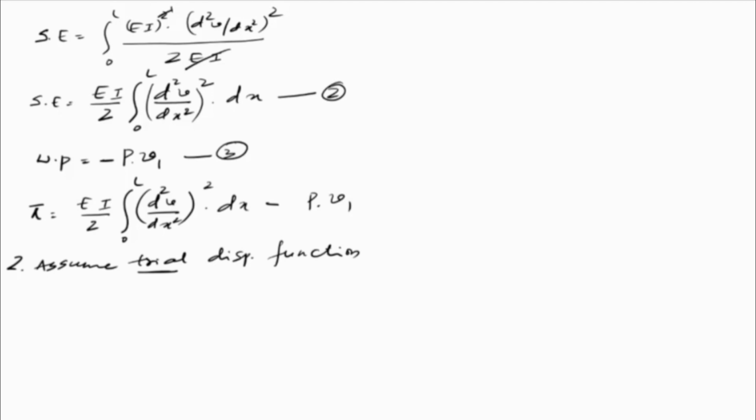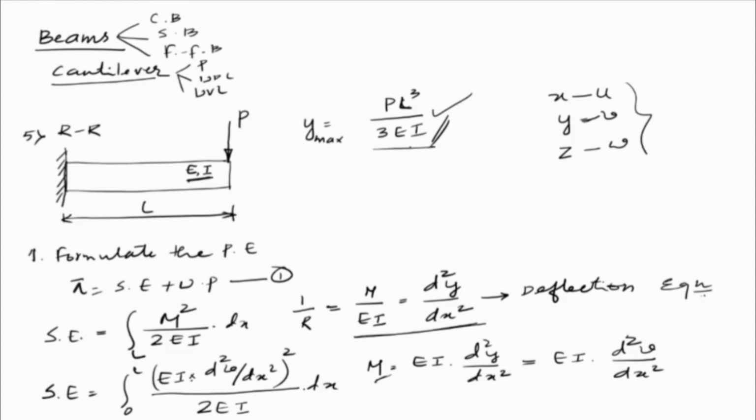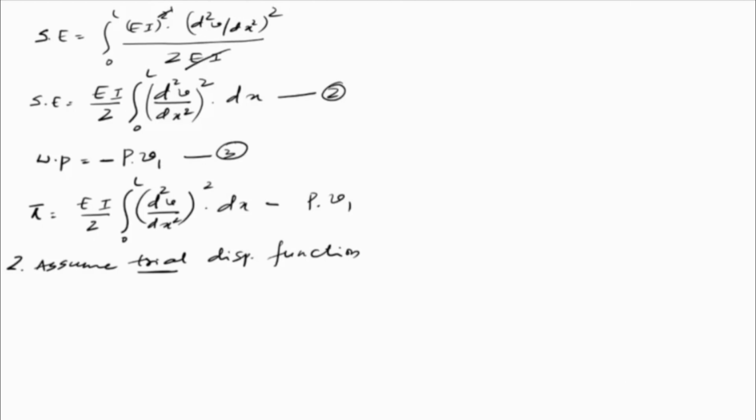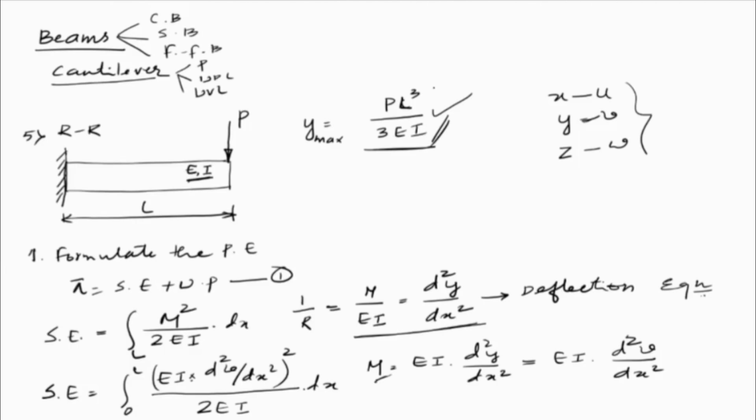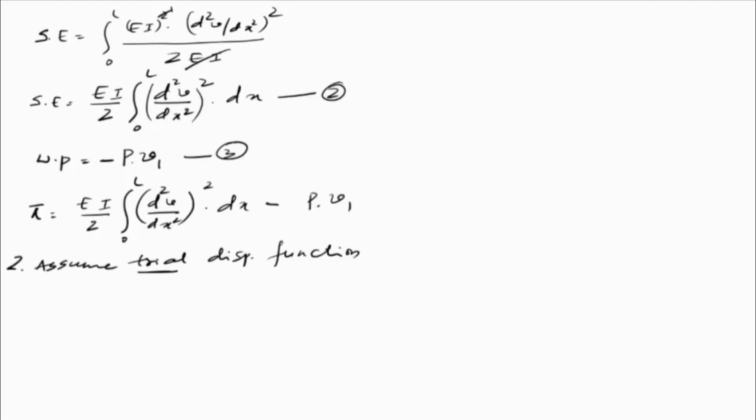If you are considering up to second order, and if you are not getting this equation, then you have to increase one more term. Initially I have done for second order and I have not got this equation. You can try that also. I am not getting this equation if I consider up to second order. So if I consider a third order polynomial function, I am going to get the exact equation. Therefore, now I'll consider a polynomial function up to third order.